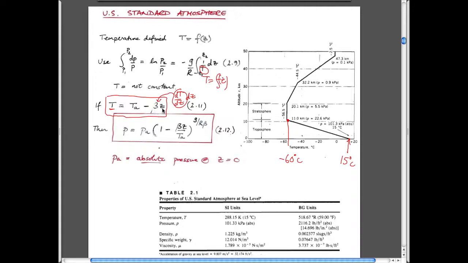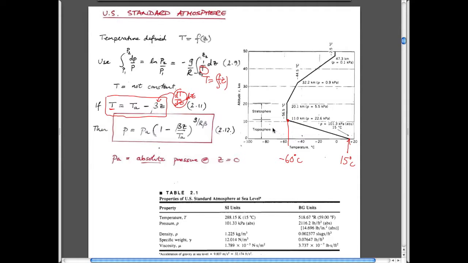Units of this times this have to equal units of temperature. So the units of beta have to be dT/dz, multiplied by elevation, so you're left with temperature. And so you can define a parameter which gives you the temperature change with elevation.